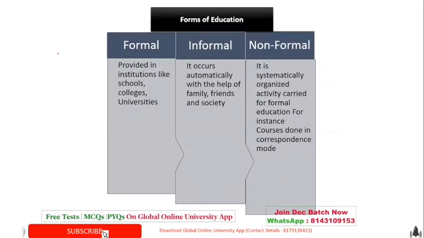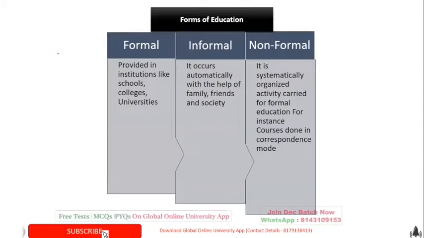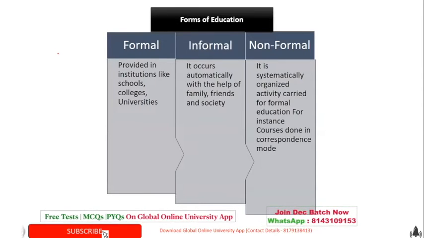The next one is forms of education. Basically, there are three forms of education: formal, informal, and non-formal. Formal is the one provided with the help of schools, colleges, and universities. Informal is where the child first comes in contact with the learning process, in the form of family, friends, and society.